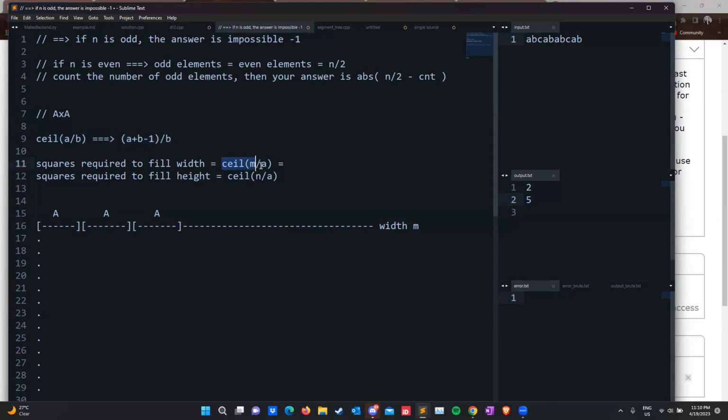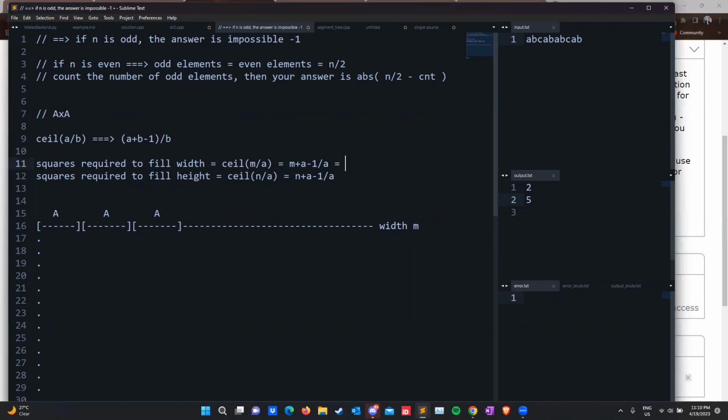So if we have to find ceil of m by a, I can just say that this will be equal to m plus a minus 1 over a, right? Similarly, here I can say that the answer will be n plus a minus 1 over a.